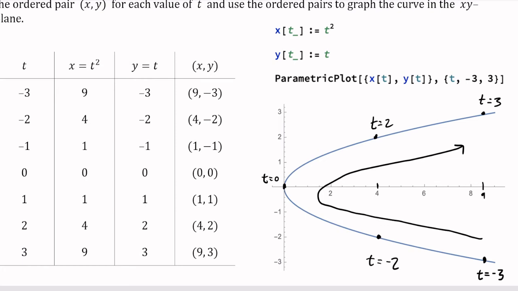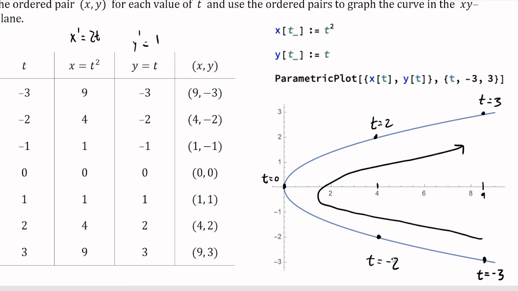The other thing that you can do to try to get an idea of where you should go here is just do x prime. x prime is 2t. y prime, what's that? 1. Okay, so, you know, I'm at -3. What's going to happen in the x as I start increasing t, going down this? Well, plug -3 in. That's -6. So that tells me that as t increases, x is moving negative, left. Okay, great.